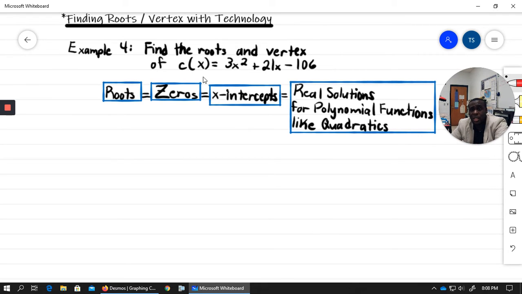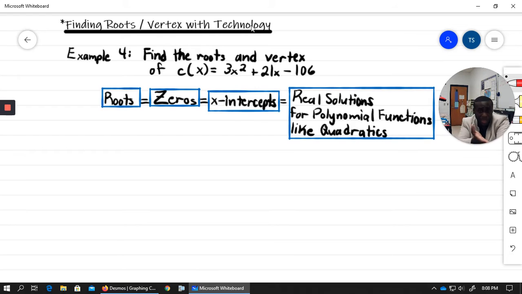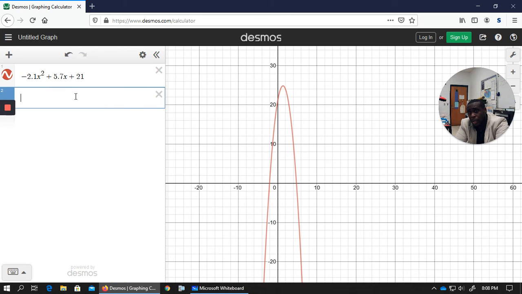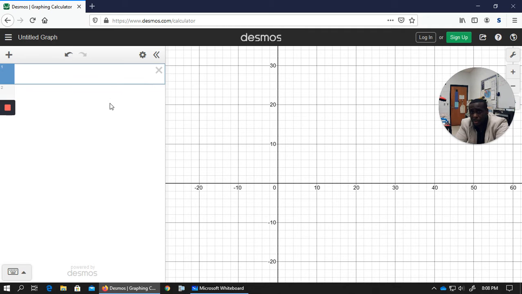The easiest way for us to do this with technology is to use the Desmos graphing calculator. I'm going to turn that graph off, actually, I'm just going to erase that one.